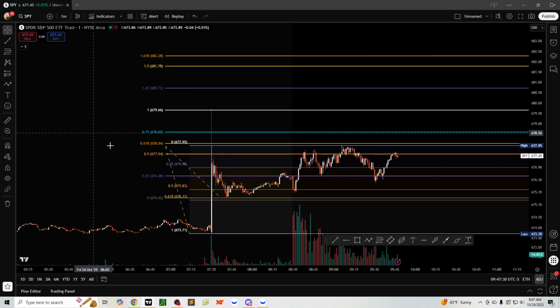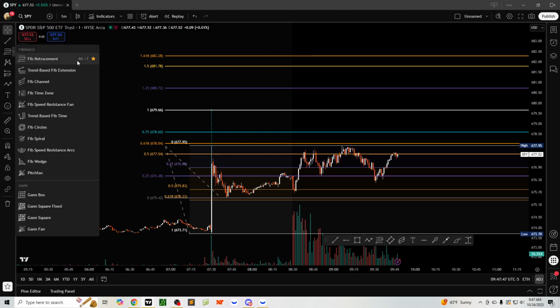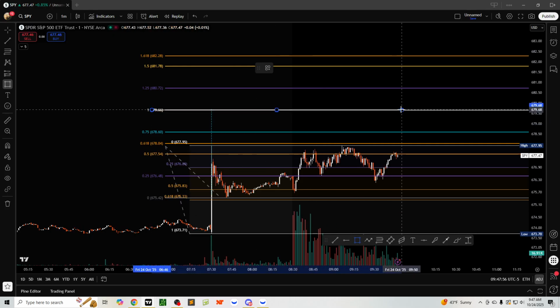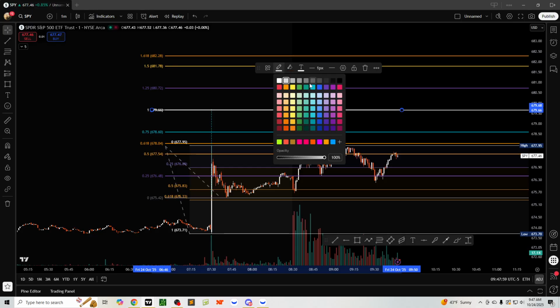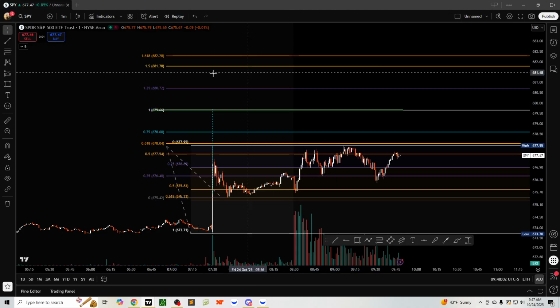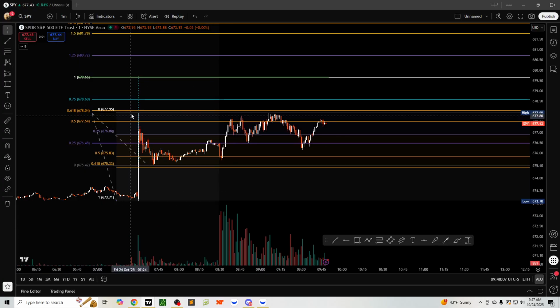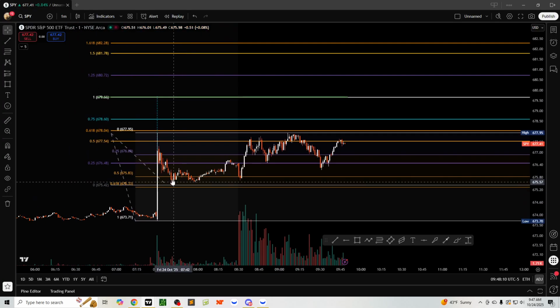So I don't have to pull an extension up to see that, but we know that if we pull back to the 618, and then we break highs, our probability of 72% means our next target is going to be the fill out of that move. What does that mean? That means the extra move for the full retrace, meaning this to this, like we already talked about. This to this is the same thing.